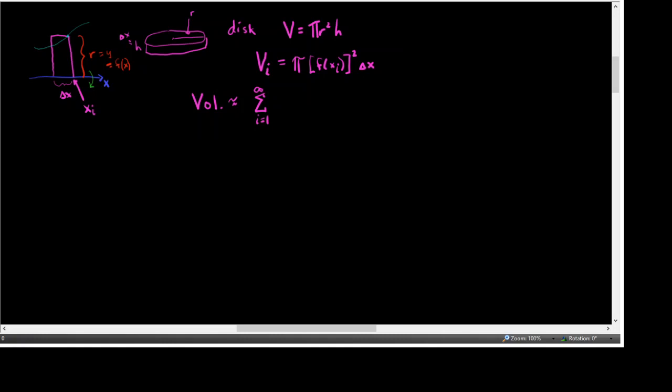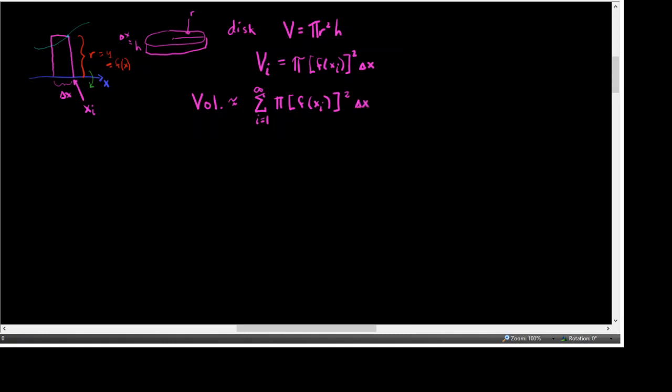And so we'll add up all of these volumes to approximate the entire volume of the region that's being revolved around the x-axis in this case, between x equals a and x equals b.